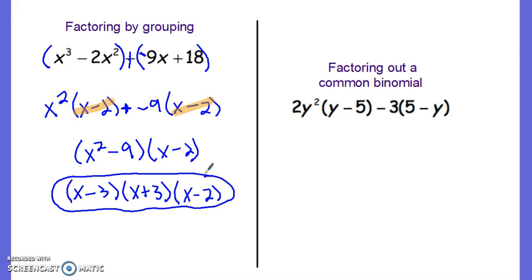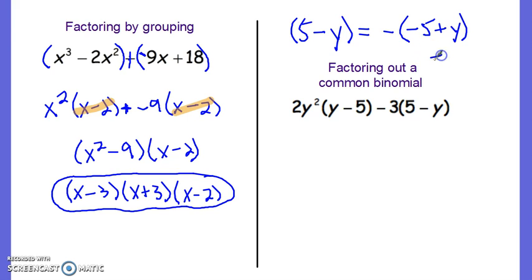It can be a little tricky when the common binomial looks almost alike, but notice the order is a little bit backwards. Y minus 5 and 5 minus y are not the same thing. However, if we take 5 minus y and we factor out a negative, similar to what we did over here, that will become a negative 5, and negative y will become a positive y.